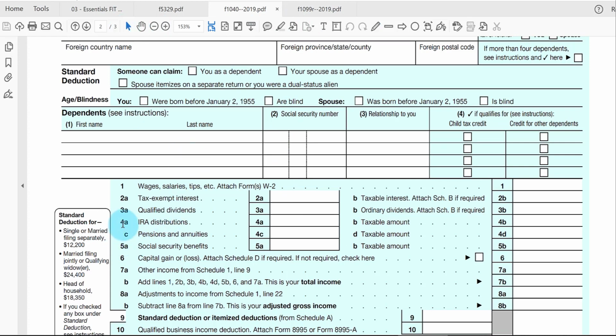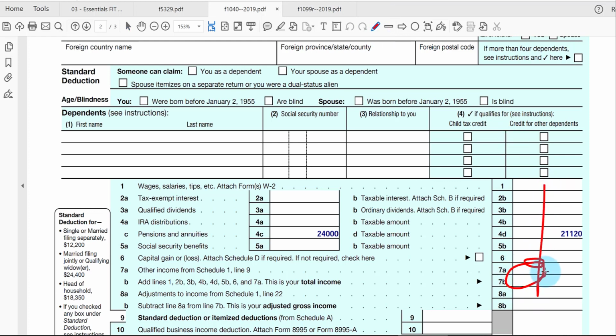The pension line, that's line 4C. What we'll see is the gross amount of 24,000, and then in the next column, 4D, the 21,120 that we had calculated.